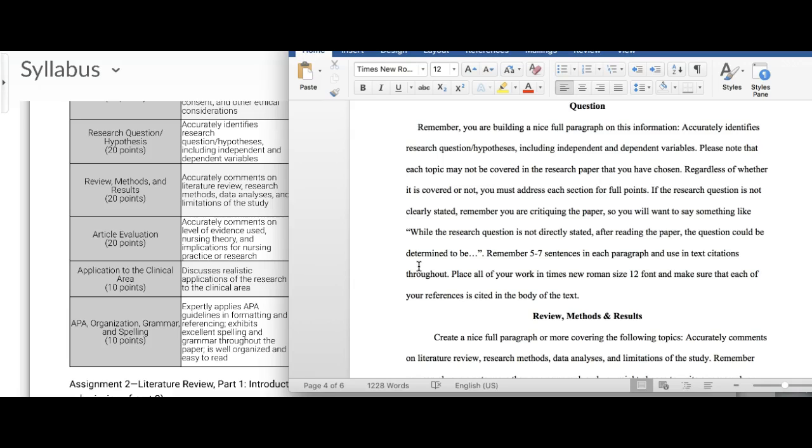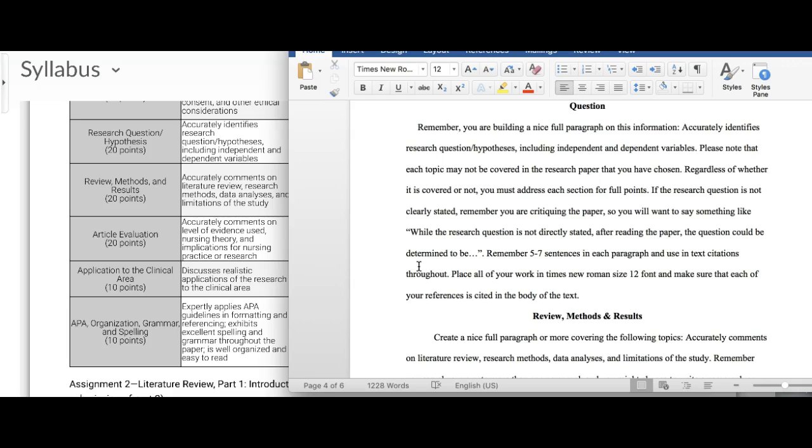So maybe they used phenomenological research, or non-experimental research, or experimental research, or there are just probably about 15 or 20 possible different types of research methods that you could describe there. And tell us, of course, you're critiquing, so you want to tell us how clear the authors were when they described it.